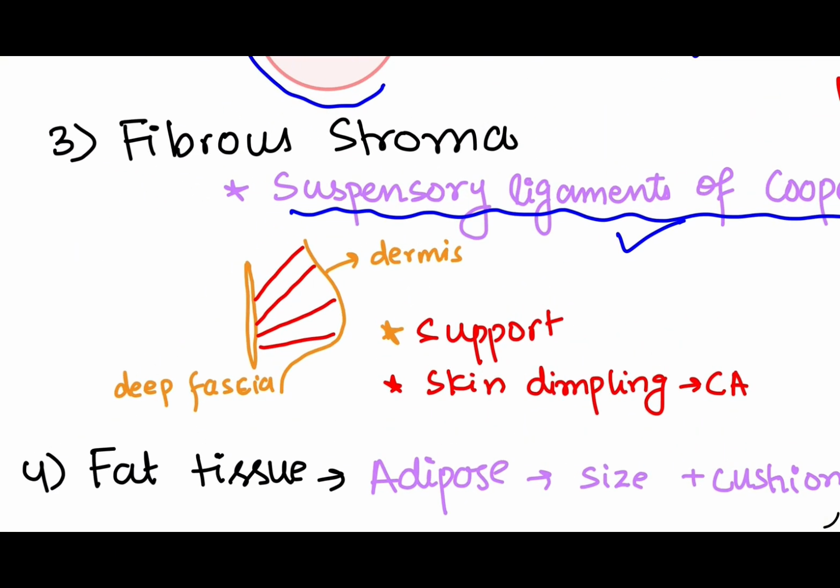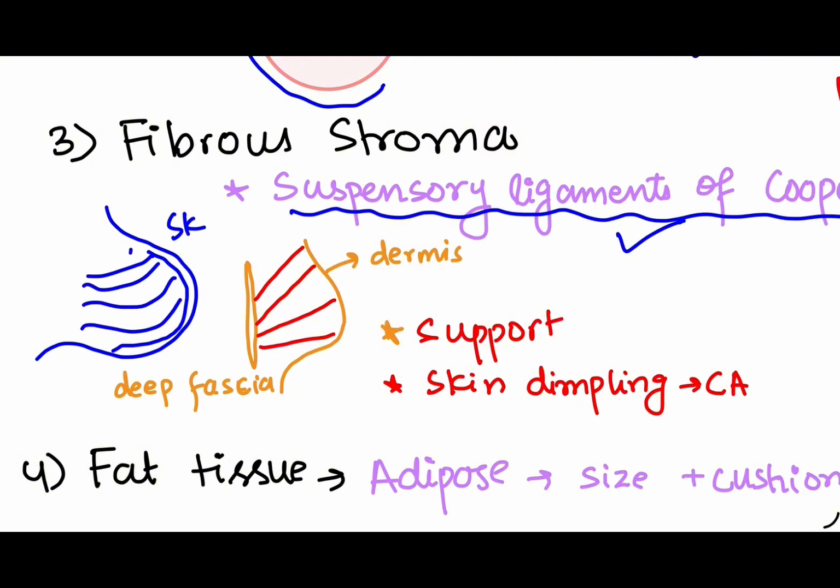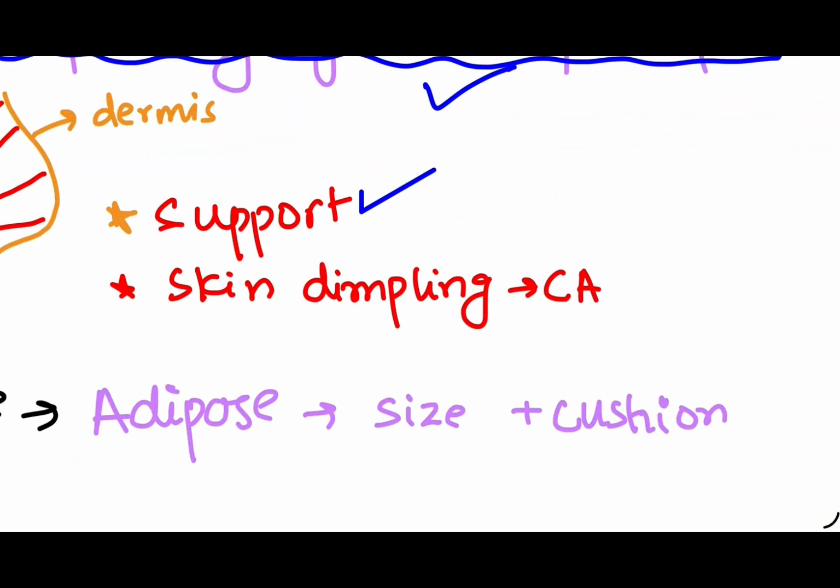First of all, we see there is skin, then epidermis and dermis. All of these suspensory ligaments run like this and go into the deep fascia, and in this way they support the breast. There's some clinical importance as well, skin dimpling, that I'm going to tell you about in the end.